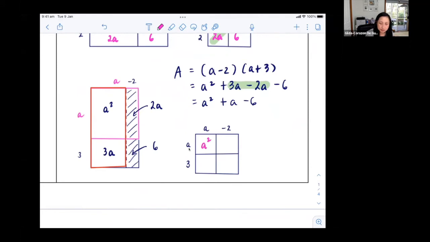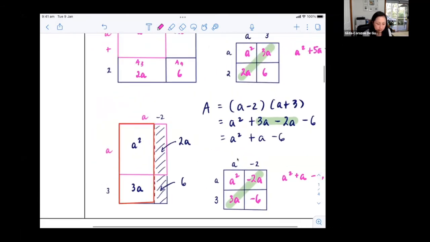That's equal to A squared. What is negative 2 times A equal to? That's negative 2A. A times 3 is 3A. And then negative 2 times 3, you get negative 6. And again, you can combine these two, and therefore you've got A squared minus, what's 3A minus 2A? That's equal to plus A, and then minus 6.